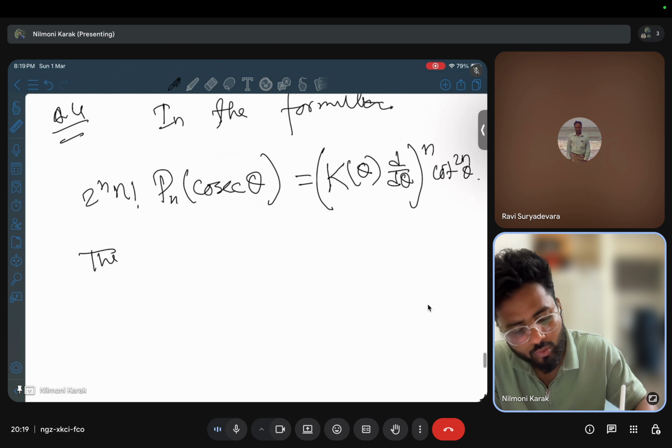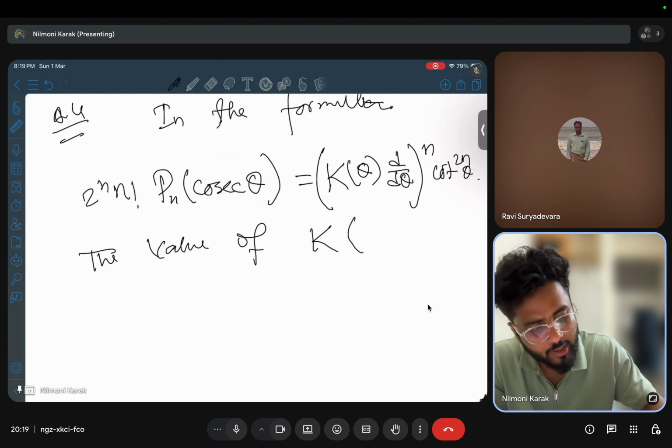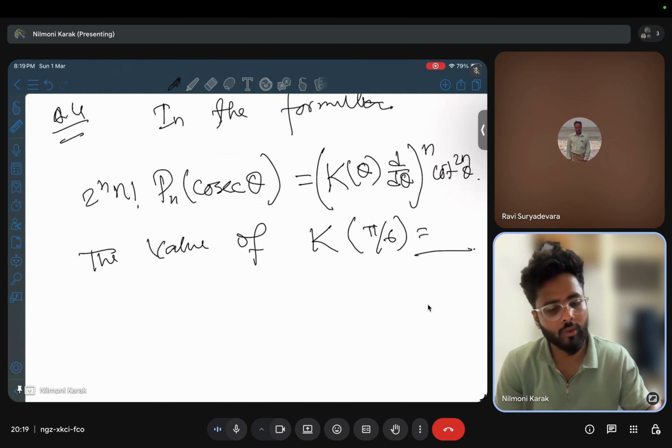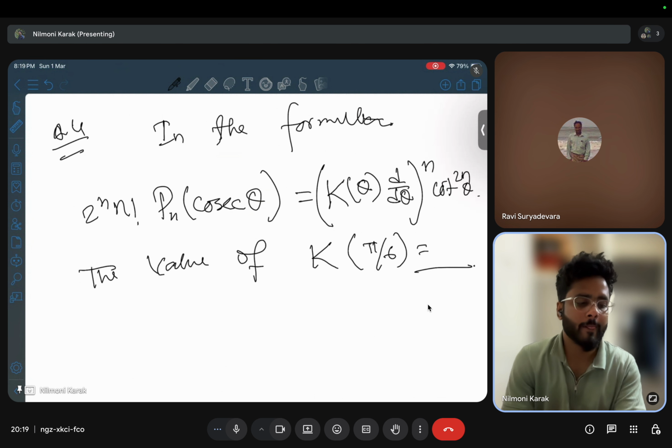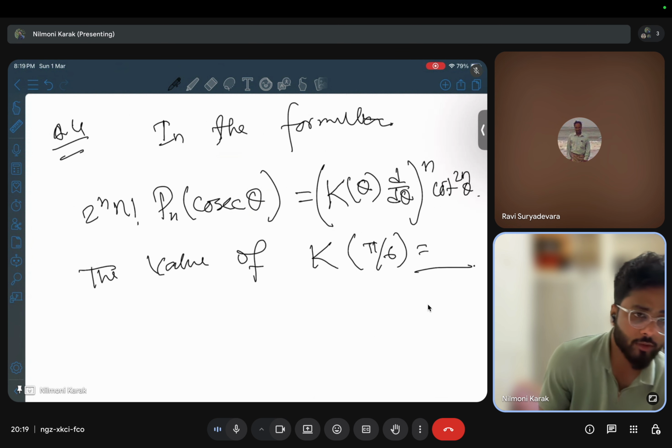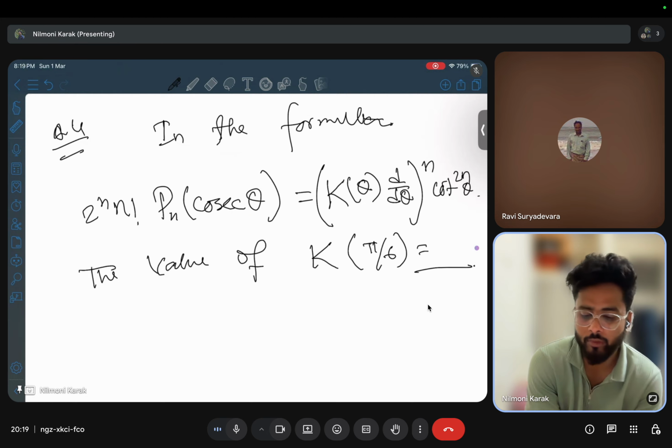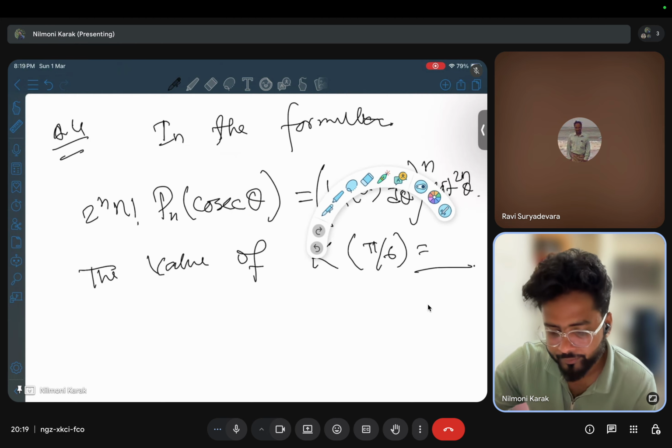Then the value of k of pi by 6 equals what? This is what we have to calculate.